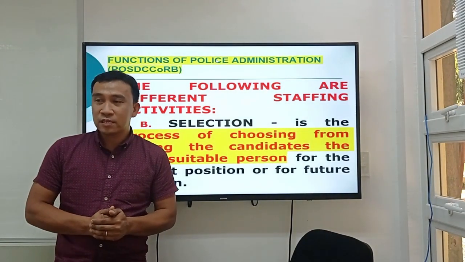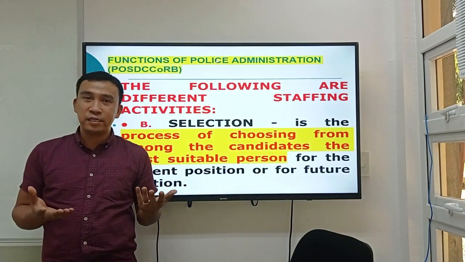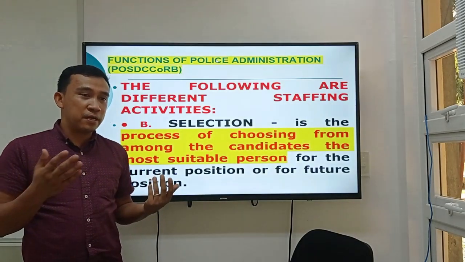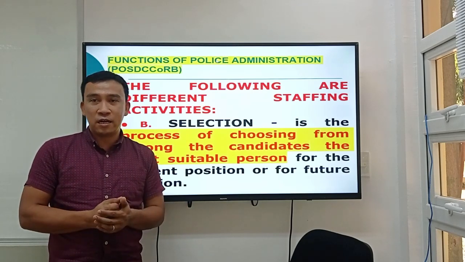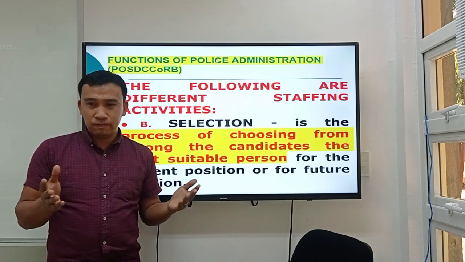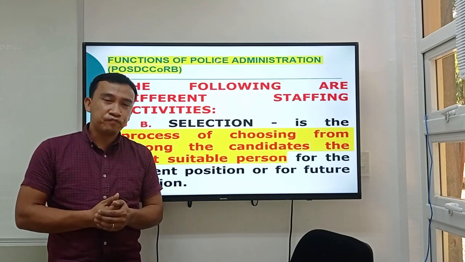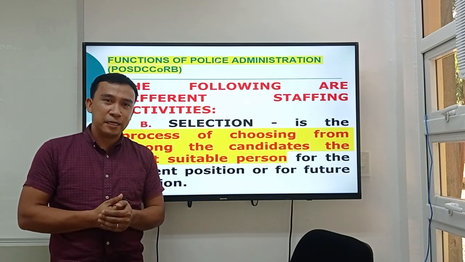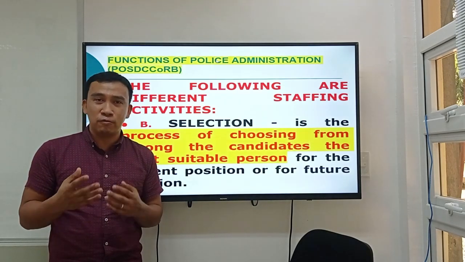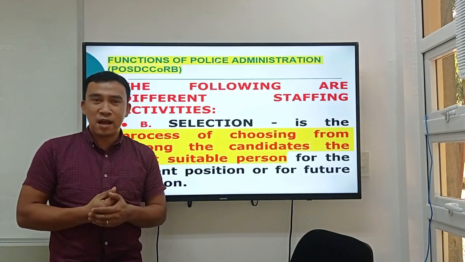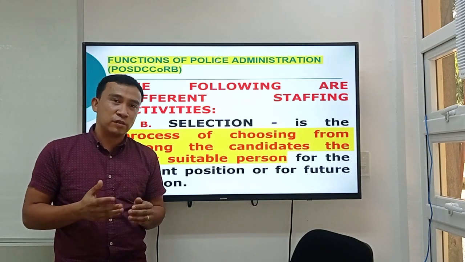Let's say sa Philippine National Police ay every year nagkakaroon ng twice na quota na recruitment. Let's say ang ginagawa nila ay 300, 400 lamang ang kukunin but ang nag-apply ay nasa 1,000, 2,000.